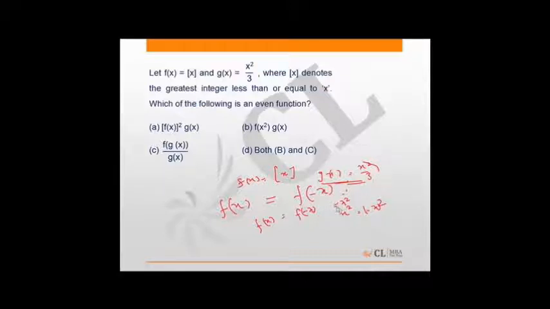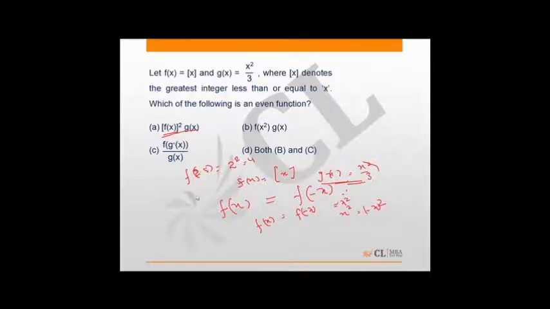Now if we look carefully, the first option states f(x) squared and g(x). When I'm talking about this option, first the function will use its own greatest integer function and then square the value. Let's take two cases. When x is 2.5, the greatest integer function gives the value 2, and 2 squared turns out to be 4.